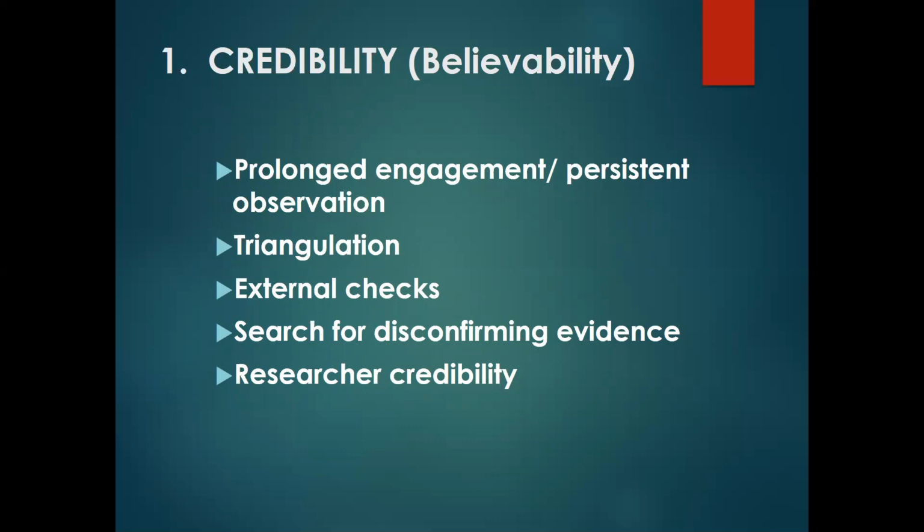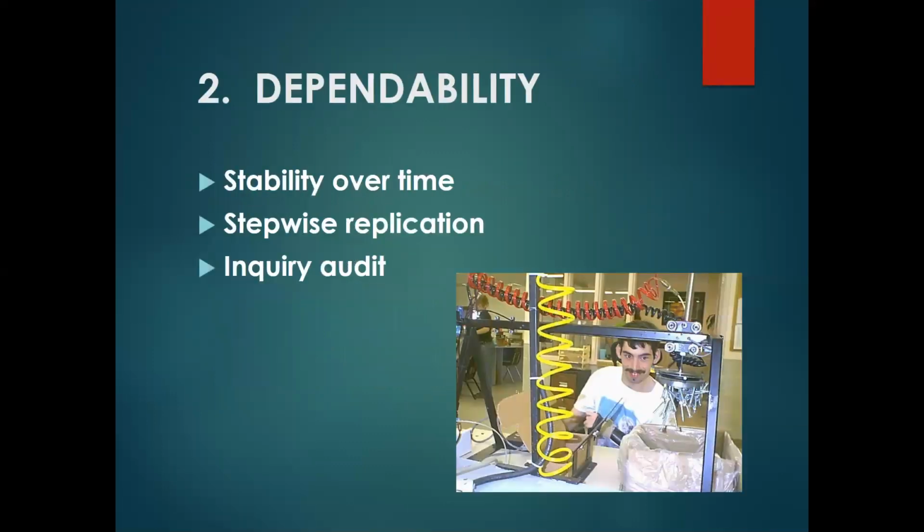Then there's dependability, and that's similar to stability. Basically, if you were to go and study the same kind of issue, would it be the same over time? Could you replicate the findings again?